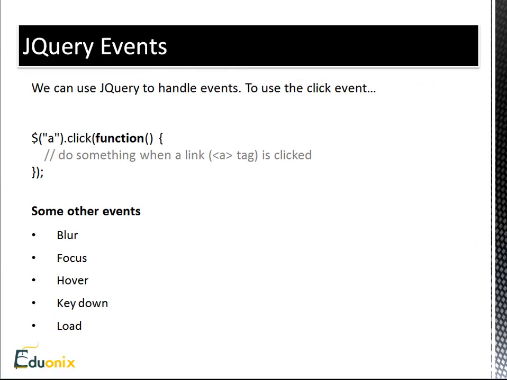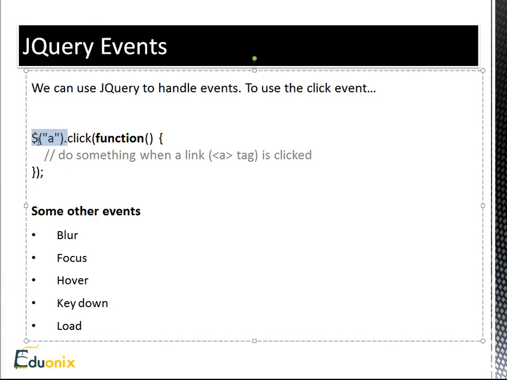jQuery events. Like I said, jQuery is very good at handling different kinds of events, and here we can see an example. We're saying all the a tags. Okay, so we know that an a tag is a link, so we're saying all the links, when we click on a link, we're going to run this function, which has nothing here because this is just an example, but we could do, let's say, like we just saw, the addClass action.